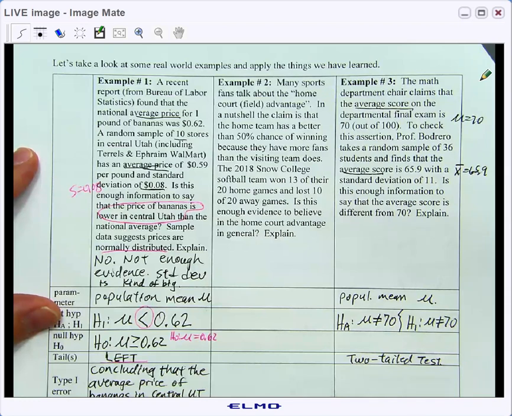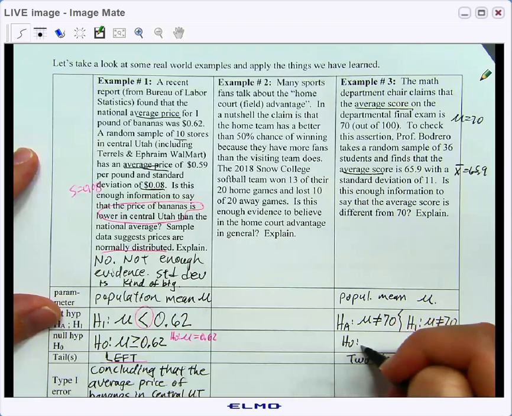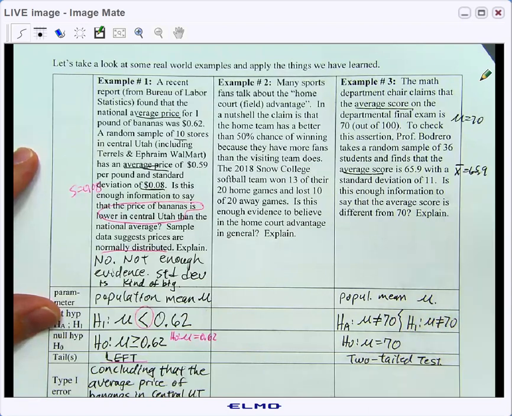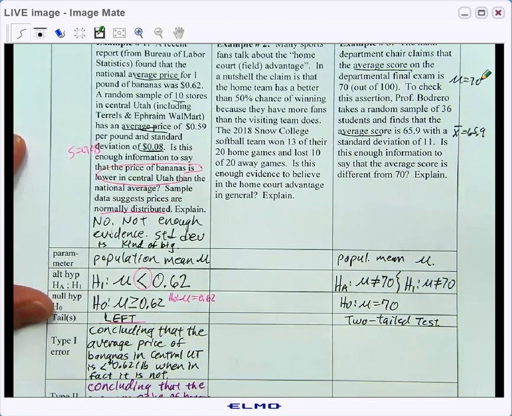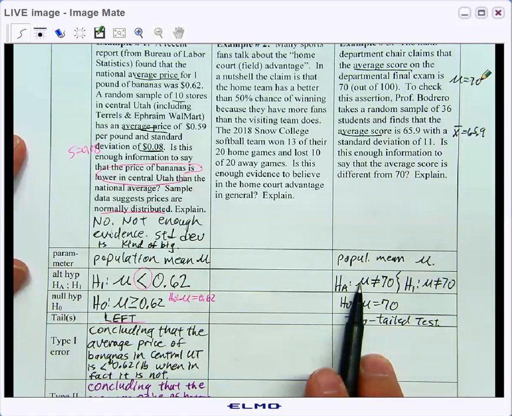Okay. Our null hypothesis will be that the average is in fact 70, as claimed by the department chair. So a type 1 error would be rejecting the null hypothesis and concluding the alternate hypothesis when in fact the null hypothesis is true.